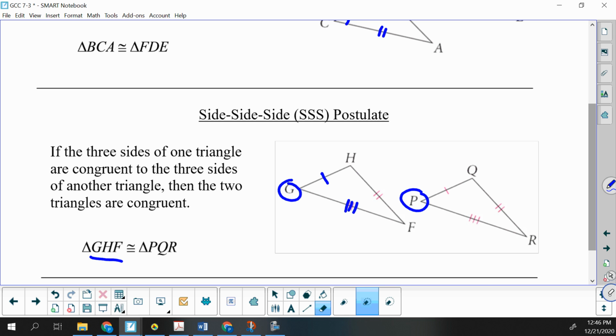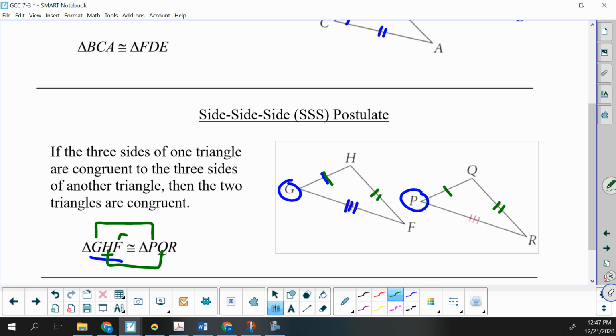So that was P in this case. Then notice that H was in between the 1 mark and the 2 mark. Well, Q is in between the 1 mark and the 2 mark. That's why that comes next. And then F was between the 2 marks and 3 marks, so that matched with R. So you need to name them so that whatever letters are first, whatever's in the middle, and whatever's last correspond appropriately in the picture.